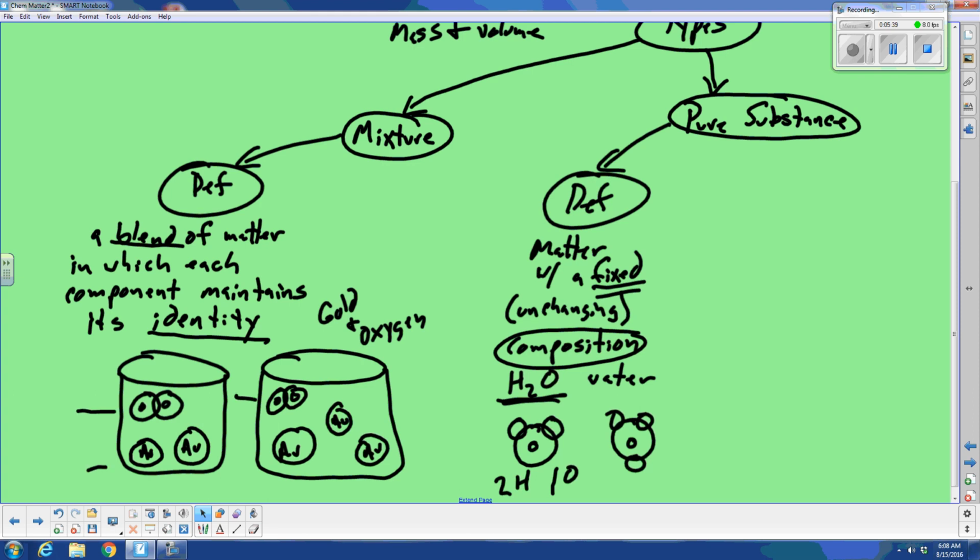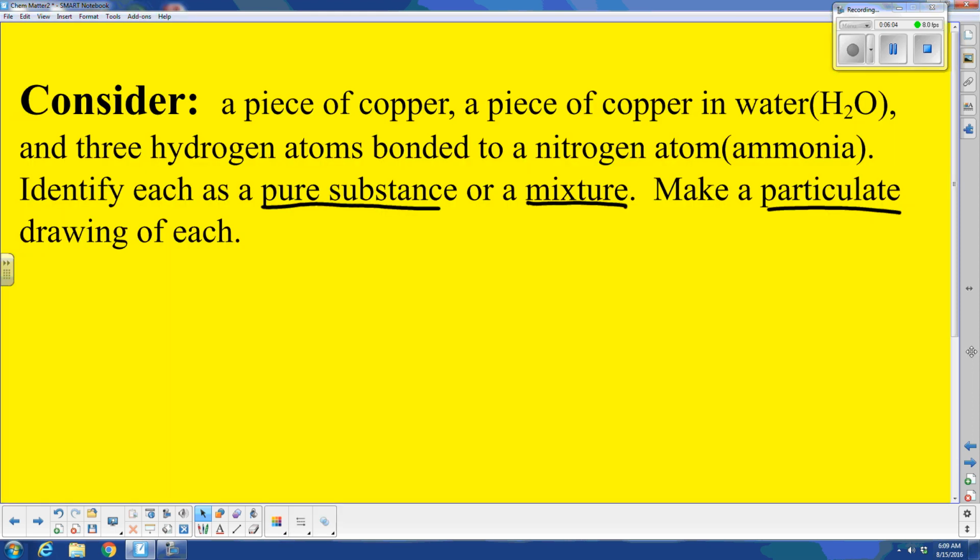Here, I have 1 oxygen compound and 3 golds. So the basic idea here is that in a mixture, it is not a fixed composition. Its composition can change, and so that's how we distinguish between them. All right? Good. Did we answer our question yet? Well, no, we need to what?